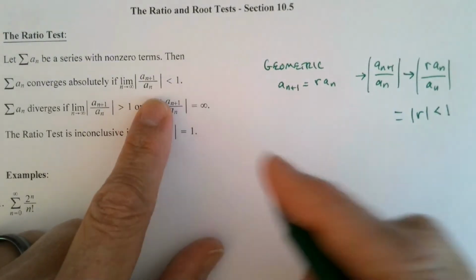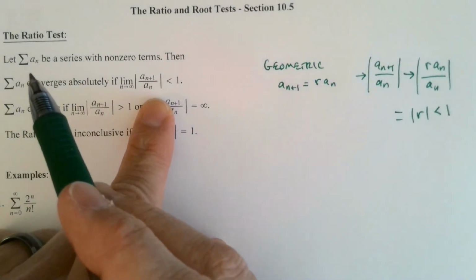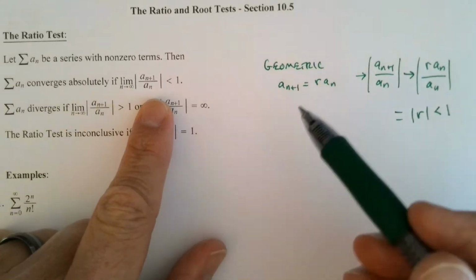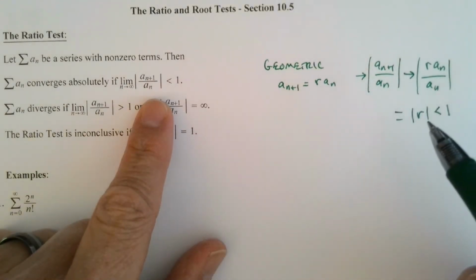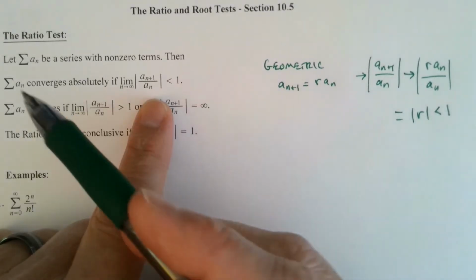There's an analogy here. The series we're looking at, though, are not going to be geometric. We can use this to prove geometric series are convergent, but we already knew that, so really these are for non-geometric series.